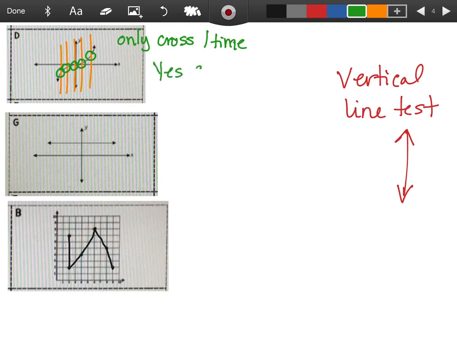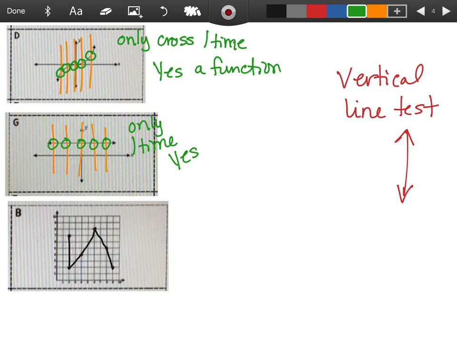So this is yes, a function. Looking at the second one, again, I'm going to do the same thing, vertical line test. Do I ever cross more than one time on the same vertical line? The answer is no. I only cross one time. And because I only cross one time, I am yes again, a function.